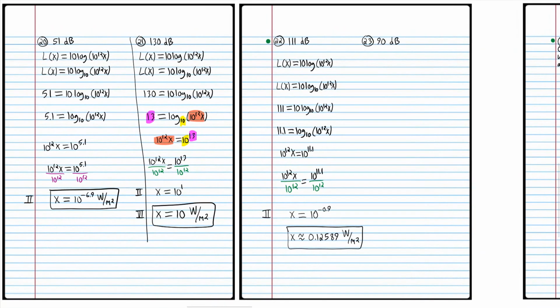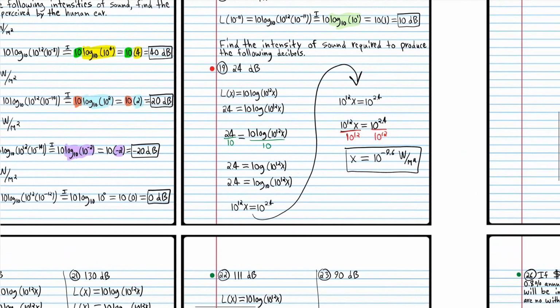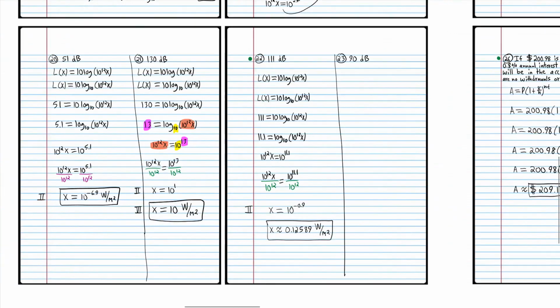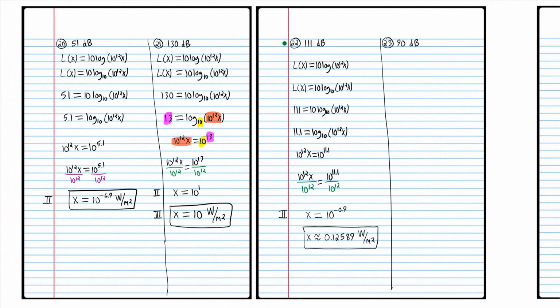So I want you to try number 23. Write the Roman numeral of the exponent rule that you use in the margin. I don't know if I specified. Yeah, I didn't say to do that, but it's probably best to write the Roman numeral of the exponent rule that you're using. Try number 23. When you come back, we'll do it together.